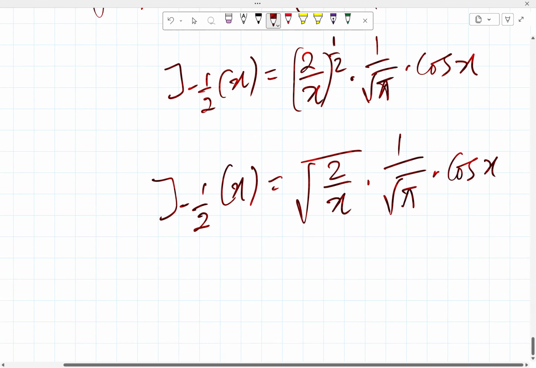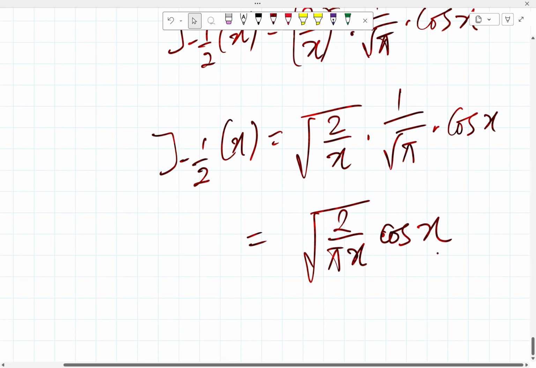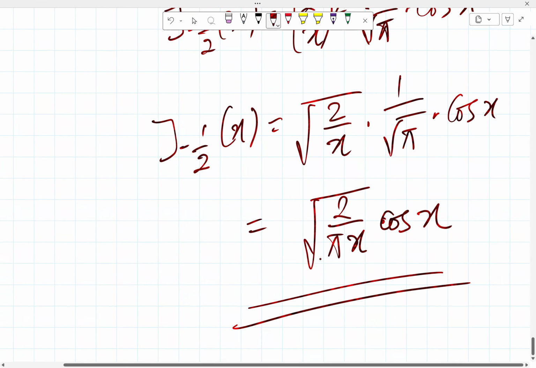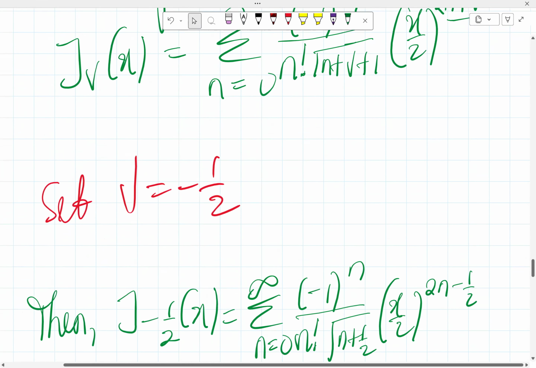Because this one also already has a square root, we can put everything together. So that's root of 2 over pi x, multiplied by cos x. And this proves the identity we are looking for. J sub minus half of x is exactly what we expected to get.